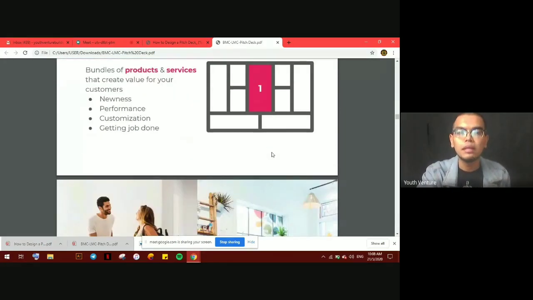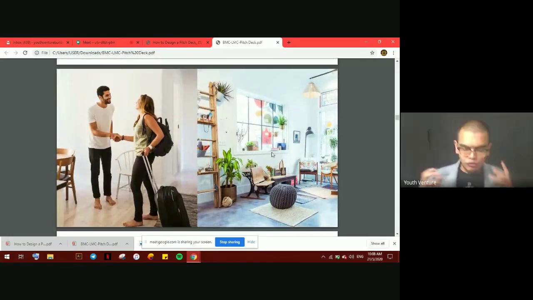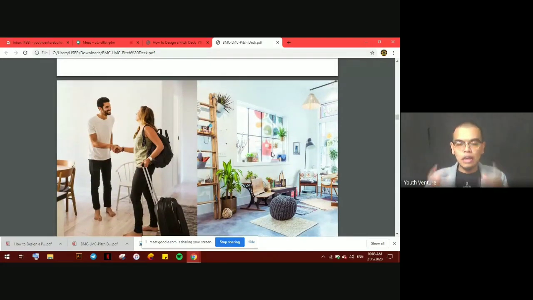So in Airbnb's case, if you compare the competitor for Airbnb, which is a normal hotel, the reason why you want to go to an Airbnb is because number one, the host is very friendly. Number two, the price is very cheap. And number three, the trip is more personalized as compared to when you stay at a hotel room.